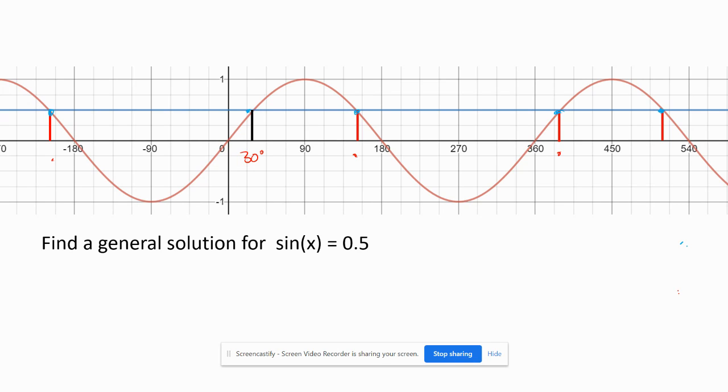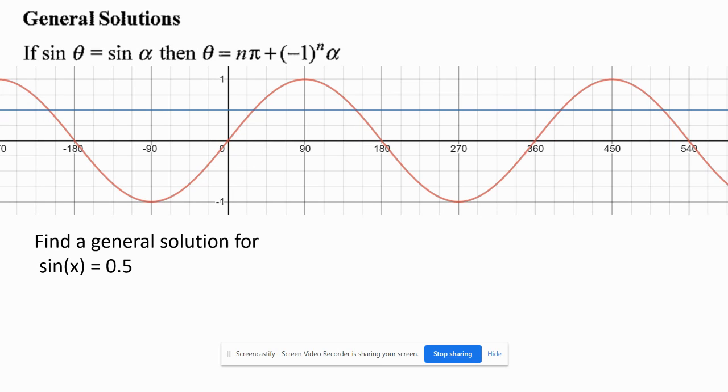So our general solution will be a formula, which will give the solutions for all possible values of x when we solve that equation. The first thing you do when you solve it is figure out which is the general solution. This is the general solution at the top of the page. It's the one for sine, and I've just copied it to the top of the page. And the question was, find a general solution for the sine of x equals 0.5.